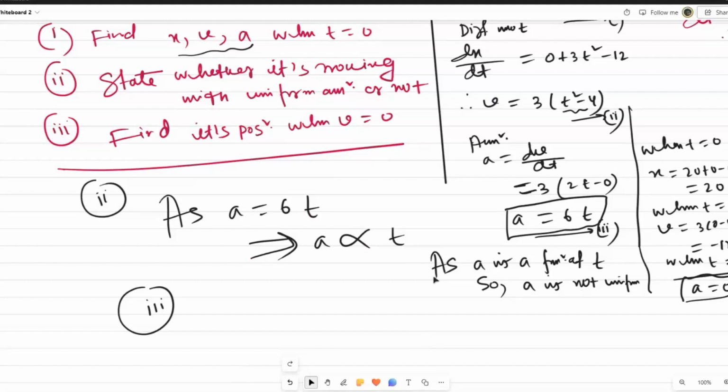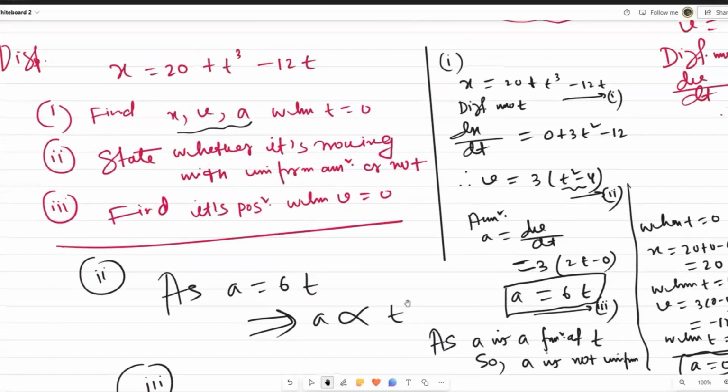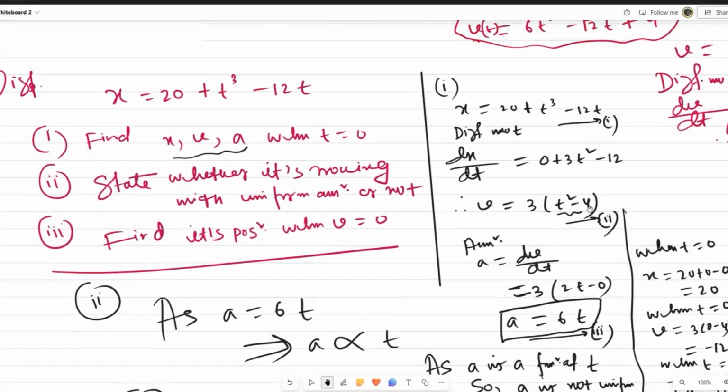You can do, but it will take long steps. So position when v equal to 0. What you'll do here, you'll find at what time velocity is 0. And that value of time you get, you'll put there. This is the requirement.